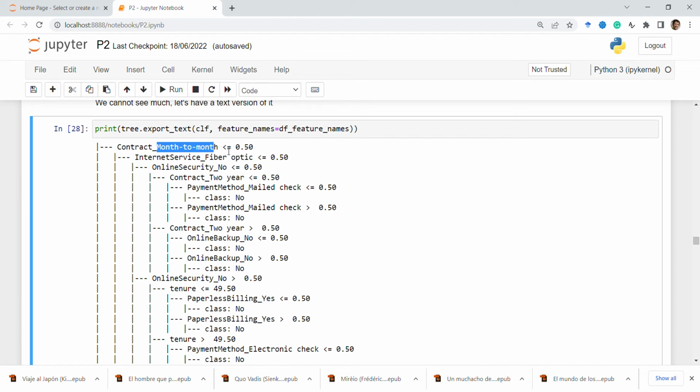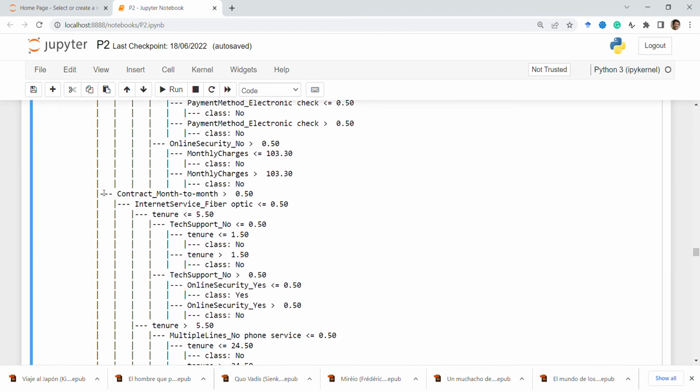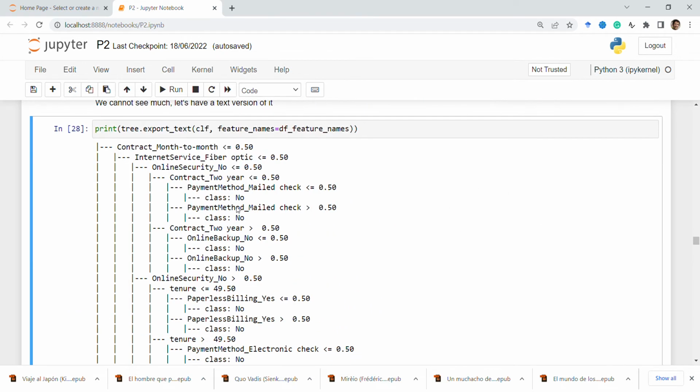If it is month to month, then you have to go down to here. Okay, so you go down to here, and then so we don't have a contract month to month, then we don't have fiber optic, we don't have online security, we don't have a 2-year contract, we don't have a payment method that is a mail check, and then we will not drop the company. And if you have a mail check, you will not leave the company either.